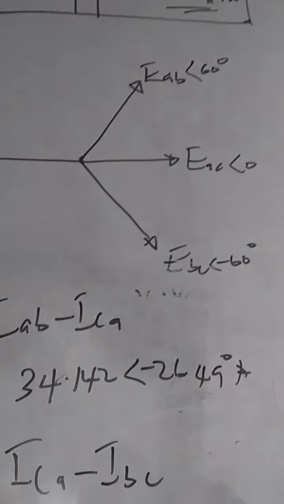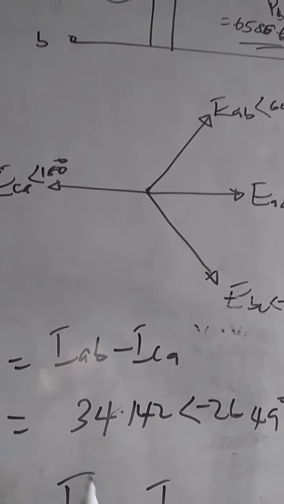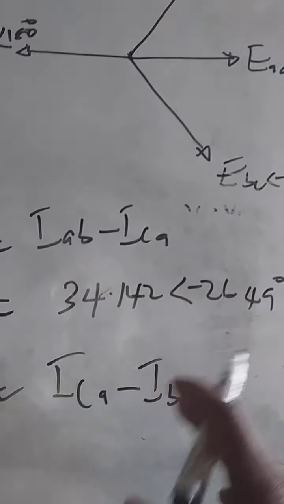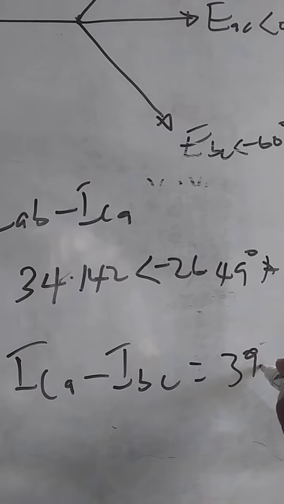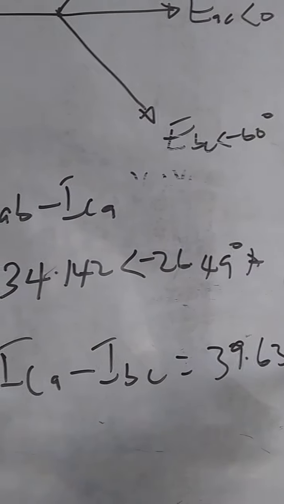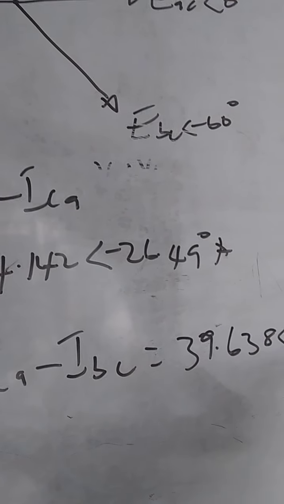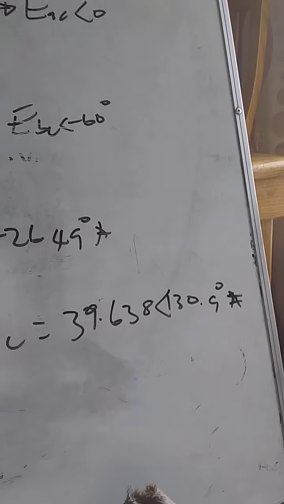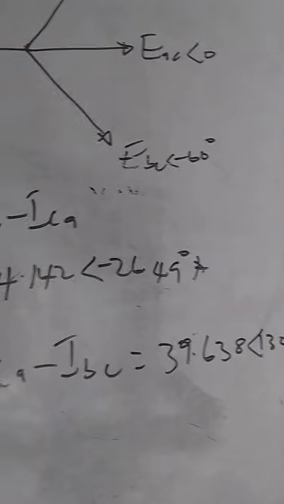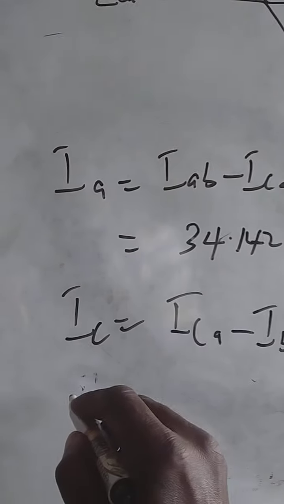Once you subtract them, you get 39.638 at angle 130.9 degrees amps. That is your IC.